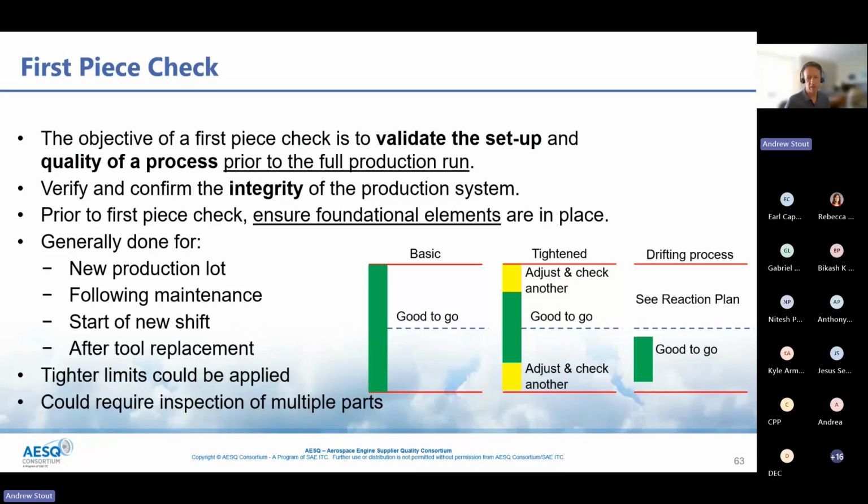Also, in some cases, multiple pieces may need to be inspected. The graphic to the right is for when you expect to have a drifting process, and you want to make sure it starts at the lower end so that it can shift to the higher end without going out of spec. So it sounds like a very simple concept, but there are some variations on it that can make it more powerful.